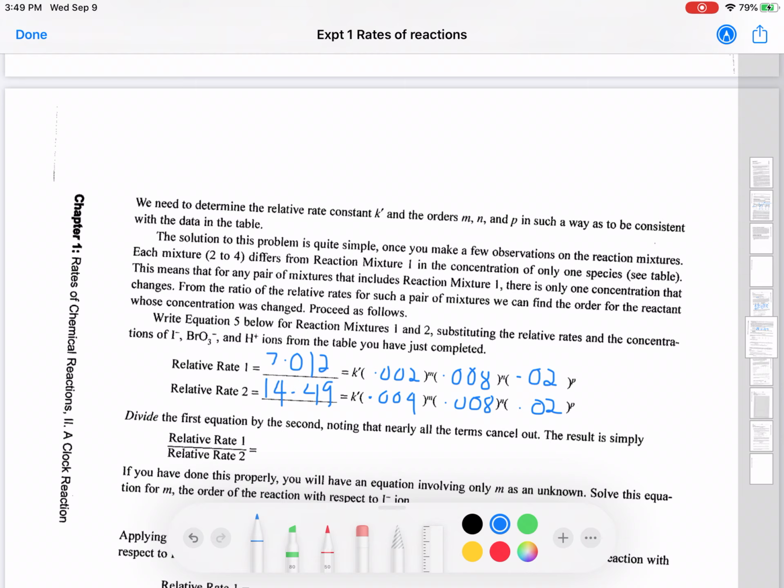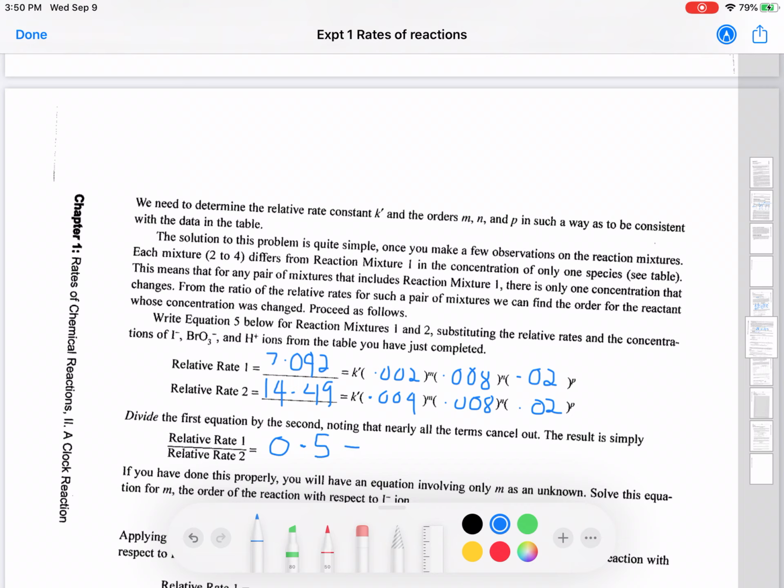Can you do your calculations on your cell phone or your calculator and tell me? 7.092 over 14.49. What's the answer? 0.4 something? Okay, so we can round it up to 0.5, right?